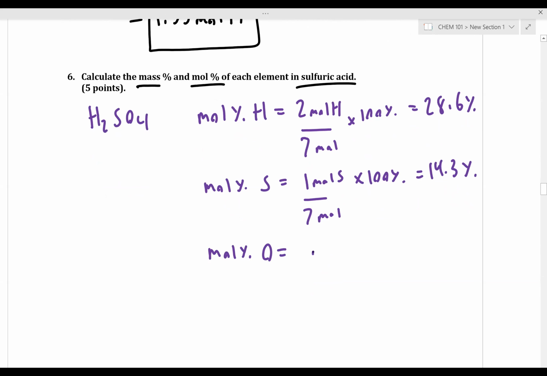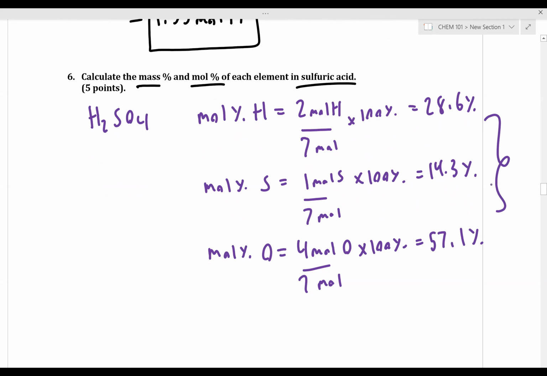How many moles of oxygen do we have? 4. And how many total moles? Yep, 7. So times 100%. That in turn gives us 57.1%. As you can see, all of these percentages add up to 100. So that means we're doing something right.